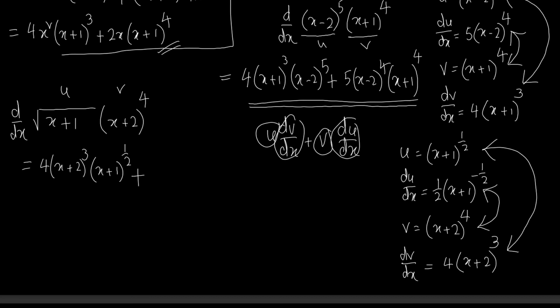Which one we write first doesn't matter because both are in multiplication form. Half into x plus 1 to the power minus half, then the next part is x plus 2 to the power 4. So this is our answer. That is the total of the differentiation.